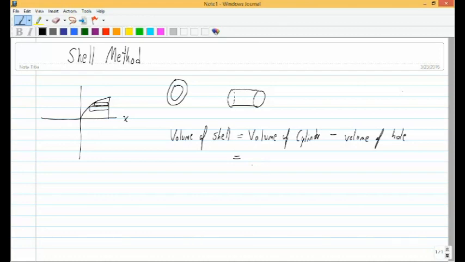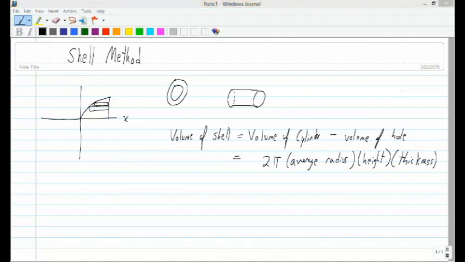Once you simplify the formulas and put them all together, the volume of the cylinder minus the volume of the hole inside is going to end up being 2 pi times the average radius times the height times the thickness. Alright.